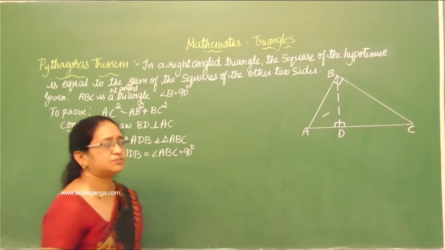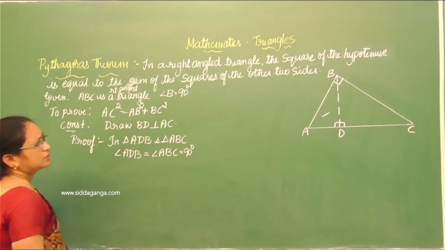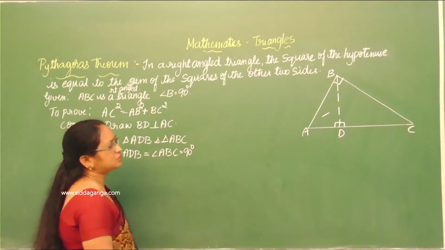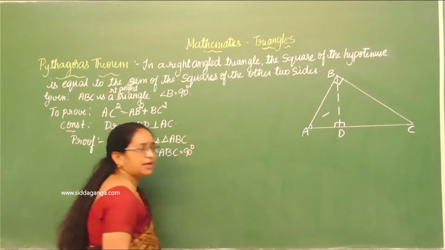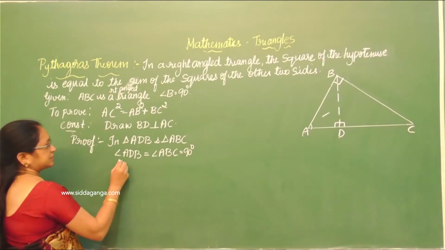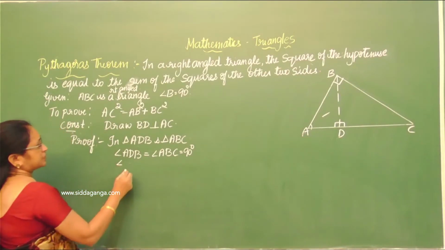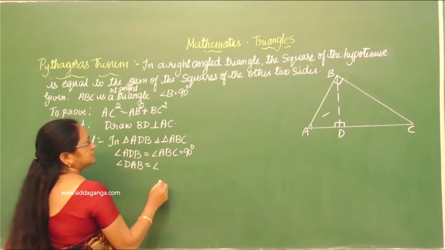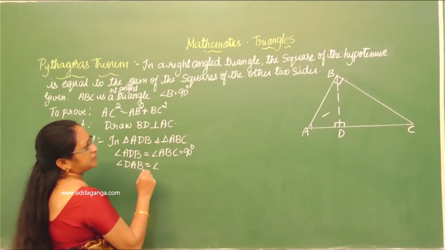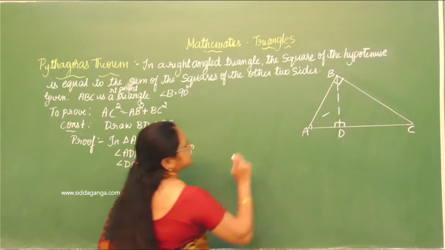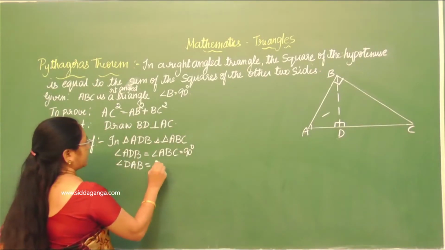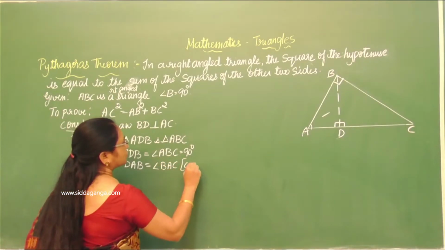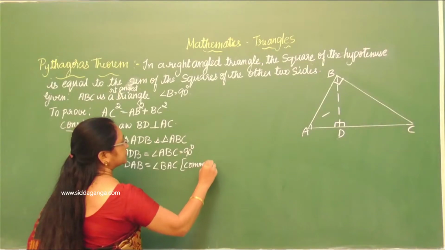So they are equal. Then which is the common angle? I hope you can find out the common angle here. So A is a common angle for both. So let us write angle DAB is equal to angle BAC. Why? Because common angle.